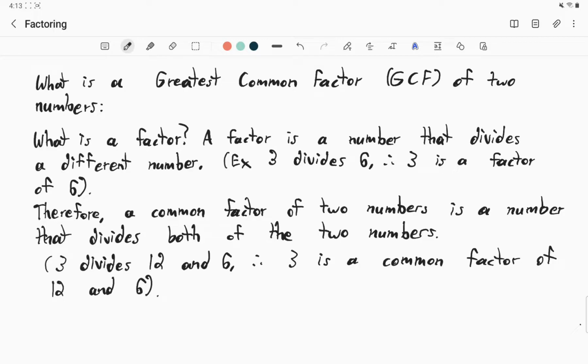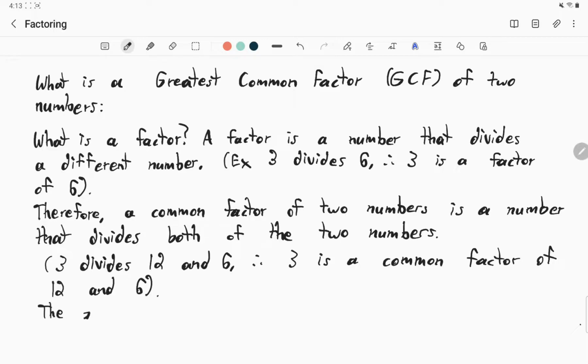We have what a factor is. We have what a common factor is. What is a greatest common factor? A GCF. Look, you could probably guess. The greatest common factor of two numbers is the largest factor that both those numbers have in common. That's my own English, of course. Google might give you a different definition.